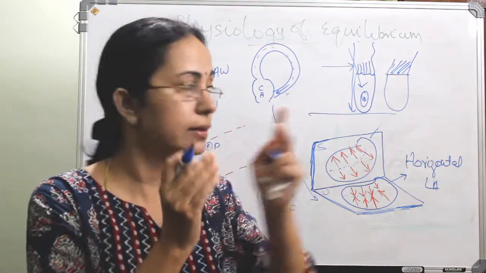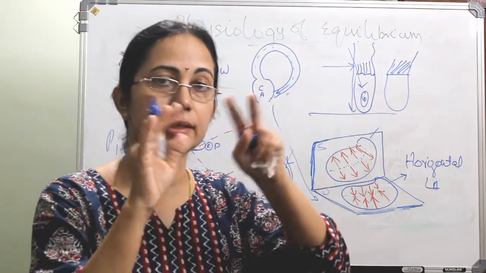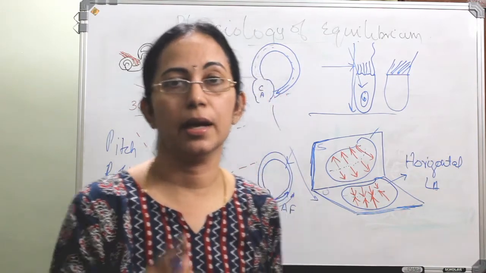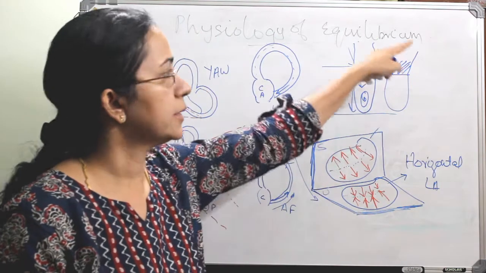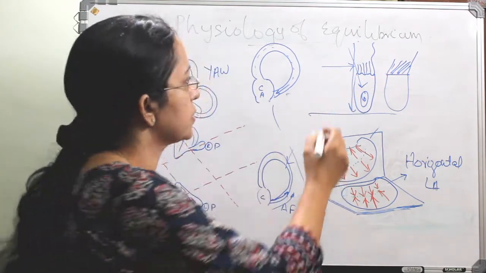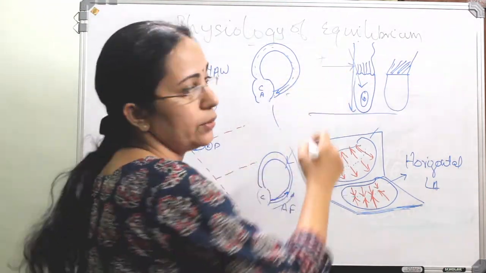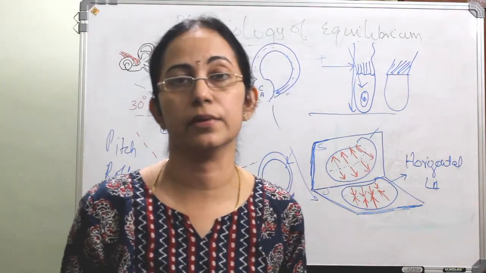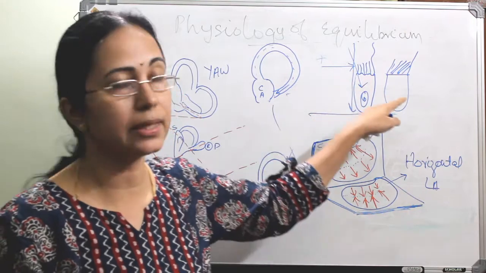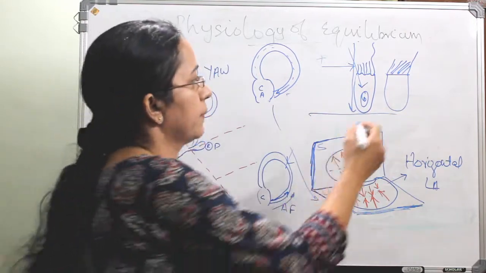So over the hair cell, there are ionic channels. As we have already seen in the cochlea, it is bathed in the endolymph, which has a positive potential. Endolymph has more of potassium ions, so there is a positive potential, and inside the hair cell there is a negative potential.